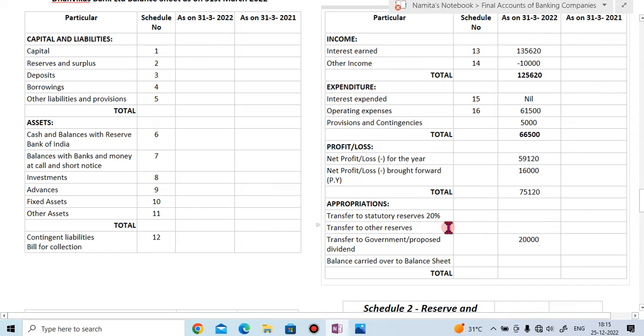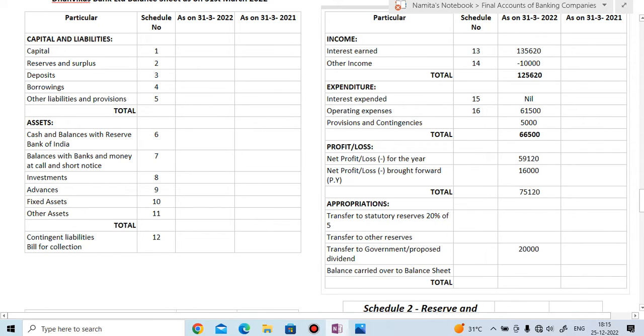So 20% profit, okay, out of the profit 20% is to be transferred to the reserve. So how much is the profit for the current year? 59,120 is the profit. So 20% of 59,120. So it will be how much? 11,824. Okay, this is the 20% of the profit we got.